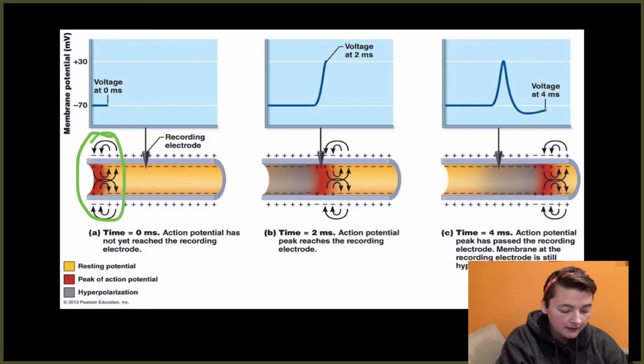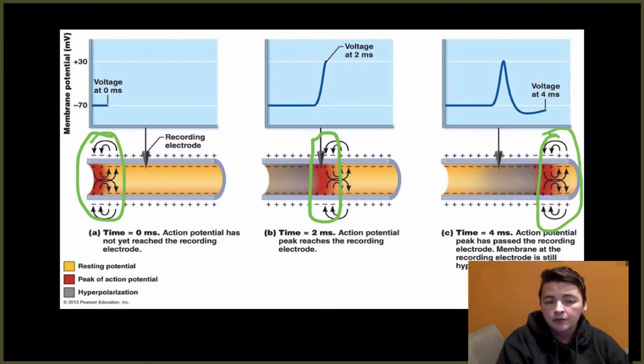This then causes the next section to depolarize and repolarize, and then it will reset and then cause the next section to depolarize and repolarize. As a review, sodium enters the cell, making the inside of the cell more positive, and then potassium will leave the cell, making the outside of the cell more negative, depolarizing and repolarizing the cell.